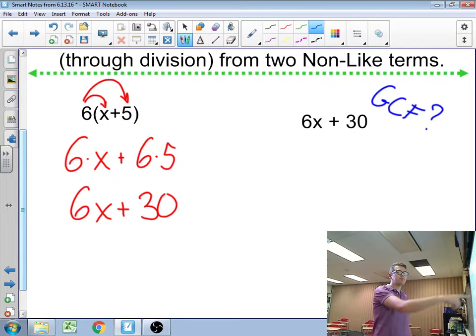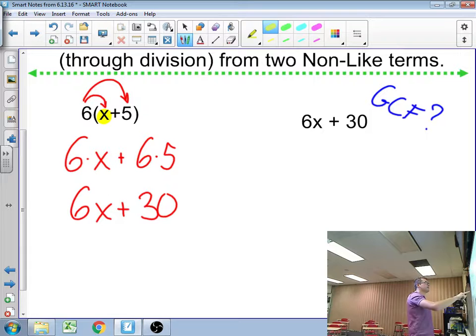Say I have 6 people coming to the party and each of them is going to cost me x dollars plus a fixed amount, $5. Maybe x is how many video games they're going to play, and that's the price of that, but maybe this $5 is for pizza and pop. Maybe I'm having a birthday party at Magic Mountain, and they say every person you bring is $5 for pizza and pop, plus whatever value of games they play. So if I invite 6 people, I could figure out my price based off that.